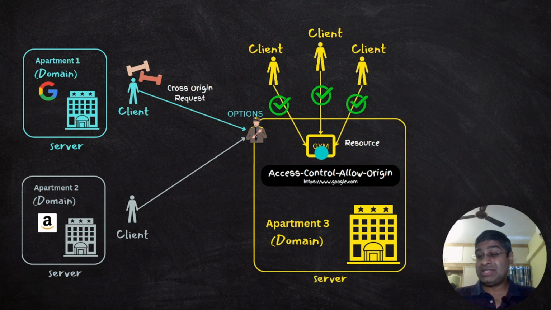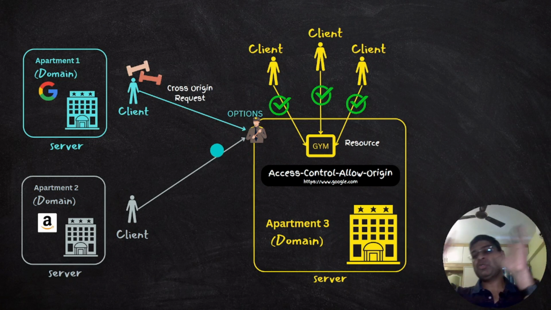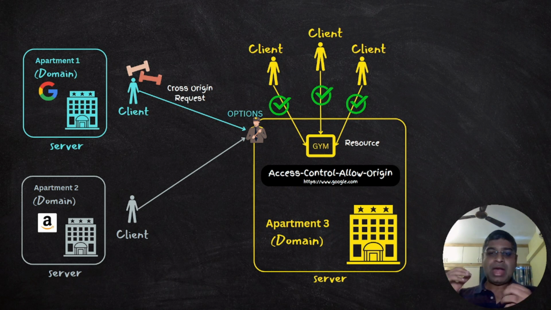Remember, the gym, or the server that owns the gym, would still have the right to deny access to this user based on the policy. This is loosely analogous to the CORS phenomenon, or the CORS terminology, that I was trying to relate to. I hope you are able to understand what CORS is from the analogy that I provided.